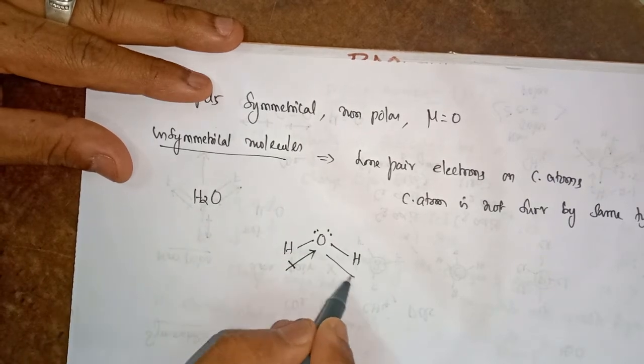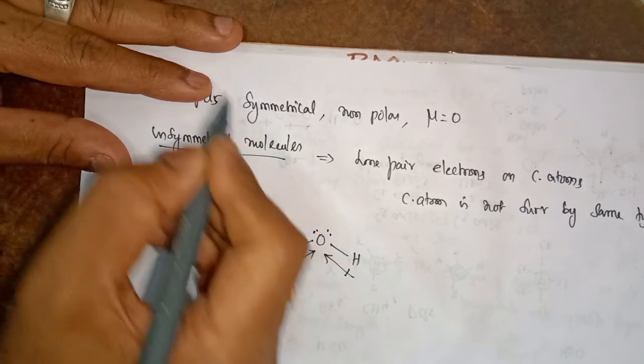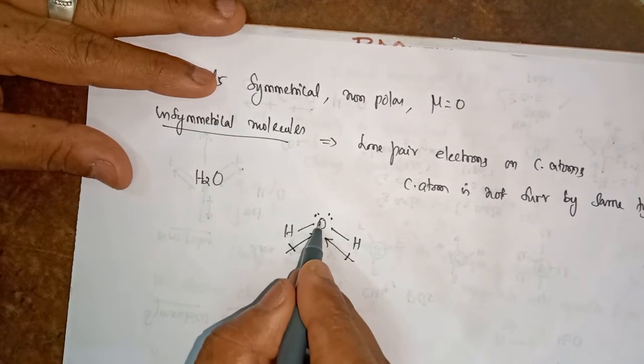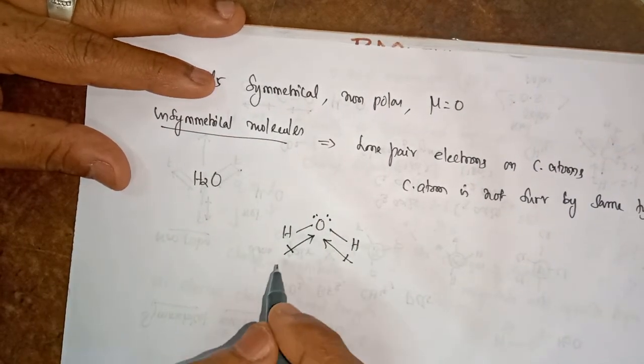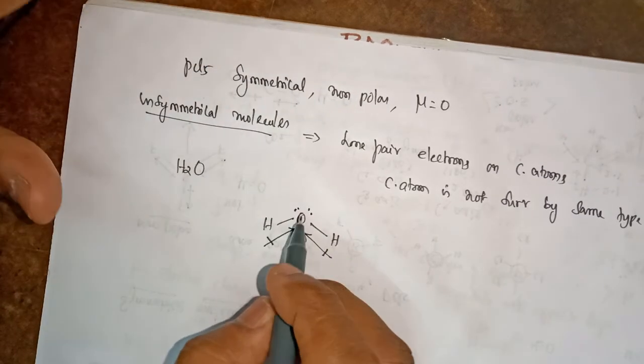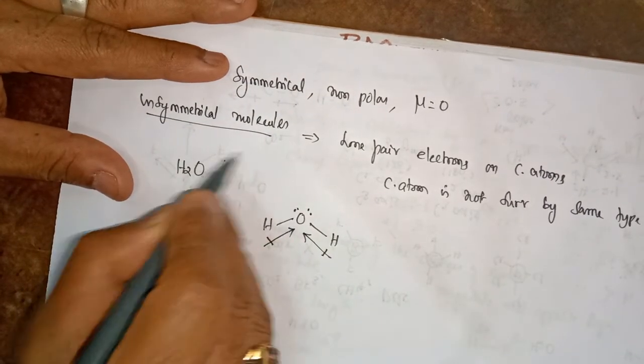The dipole moment is a vector in this direction, and in this direction. But when you come to this lone pair, bond pair and lone pair, due to that repulsion, this electron is away from oxygen.